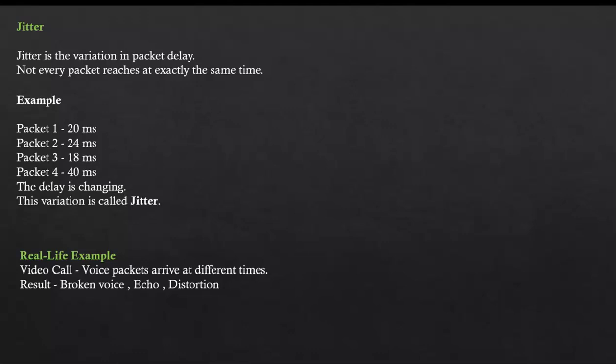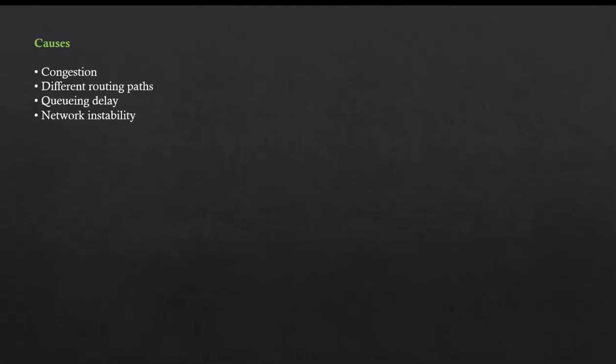Say for example you do a voice call. The voice packets arrive at different times. So how do you get the voice connection? Your voice call could be broken, there could be echo, or there could be some sort of distortion. All these are mainly due to jitter. Fine. So what could be the causes for jitter?